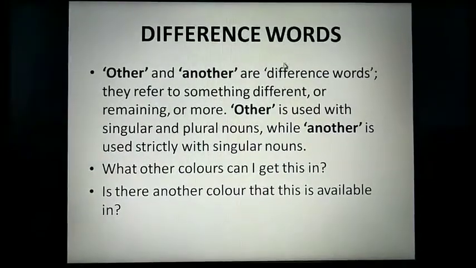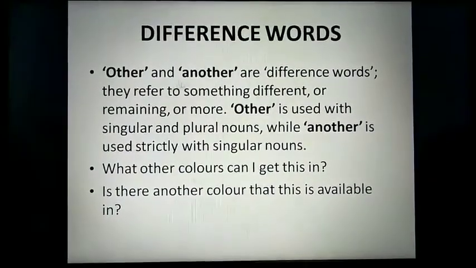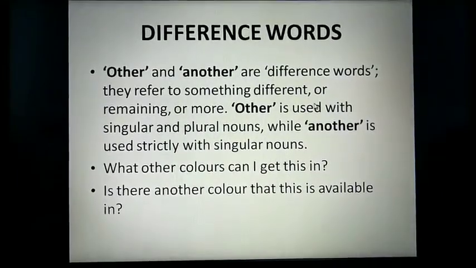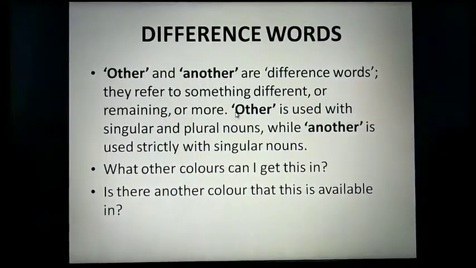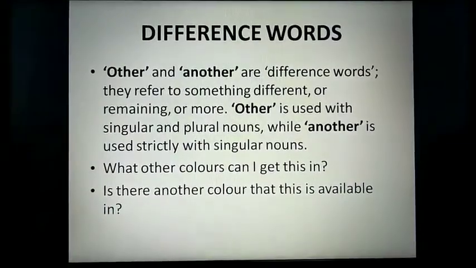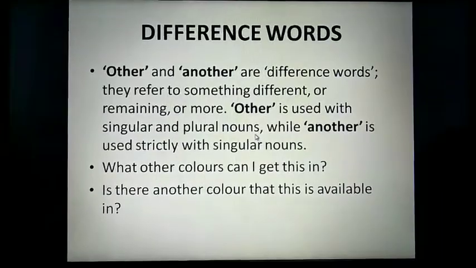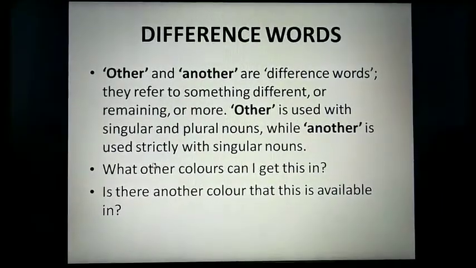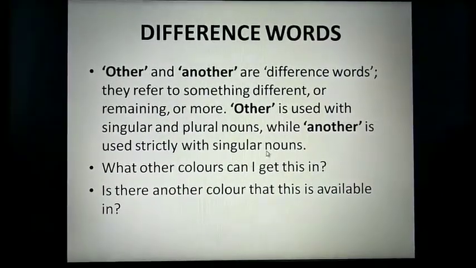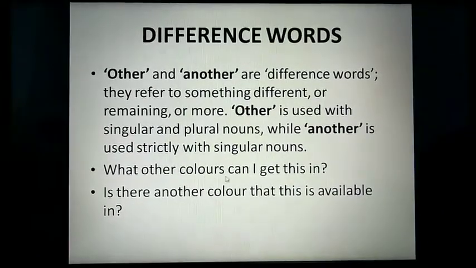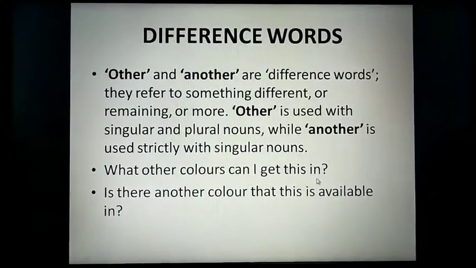Now we have the difference words. Other and another. They refer to something different or remaining or more. Other is used with singular and plural nouns. Remember, while another is used strictly with singular nouns. Example, what other colors can I get this in?